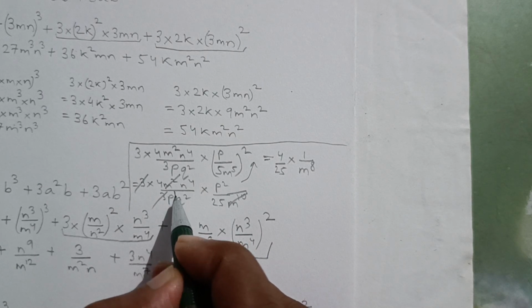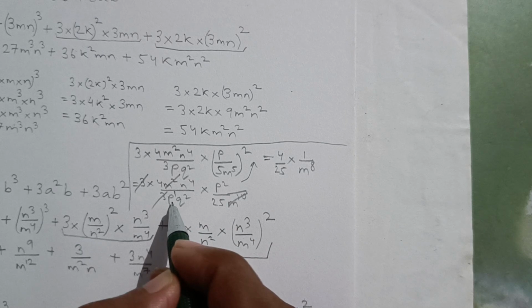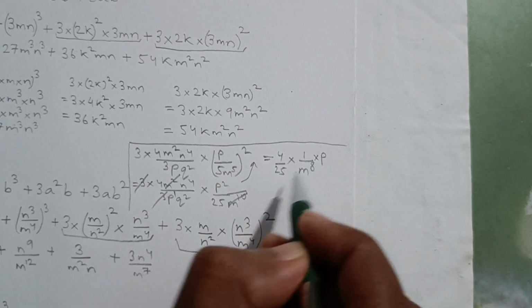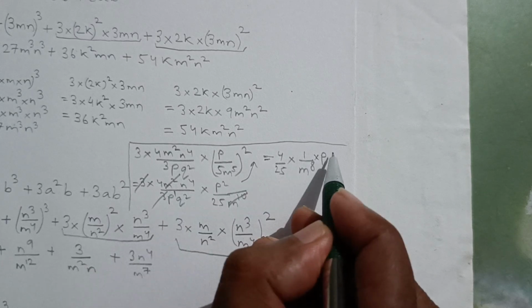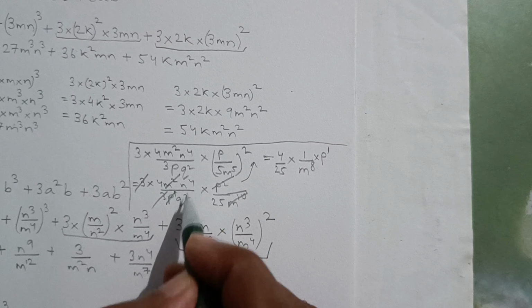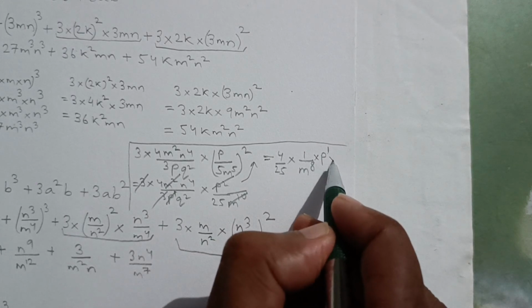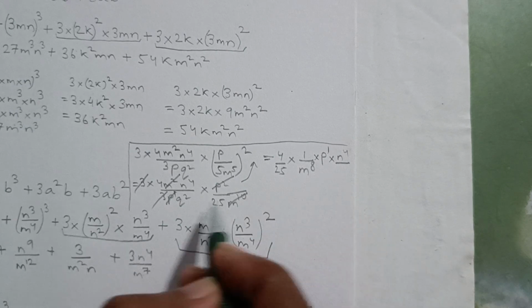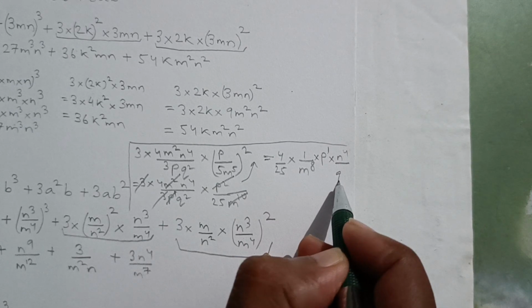P means p to the power 1. So p square upon p to the power 1. So that is p to the power 2 minus 1. 2 minus 1 is 1. So p to the power 1. So this is done, this is done. And then we are left with this. So into n to the power 4 upon q square.